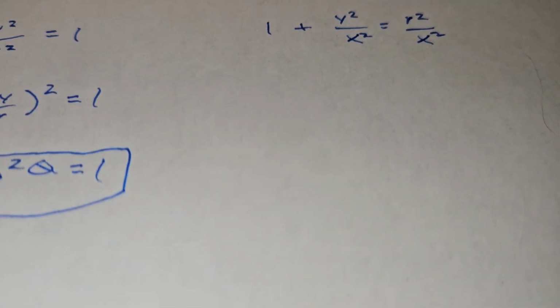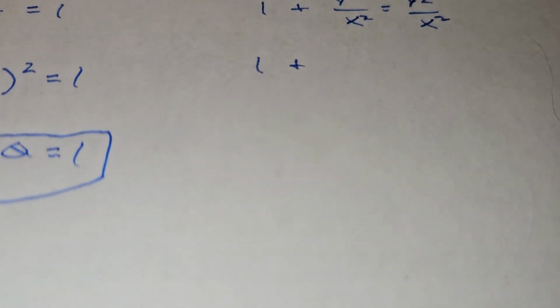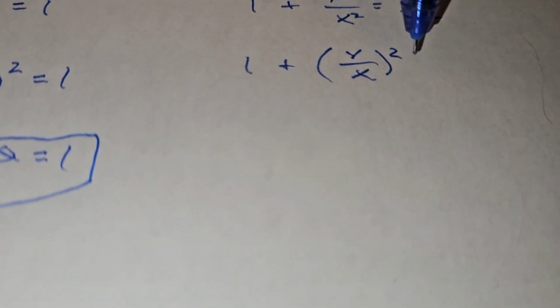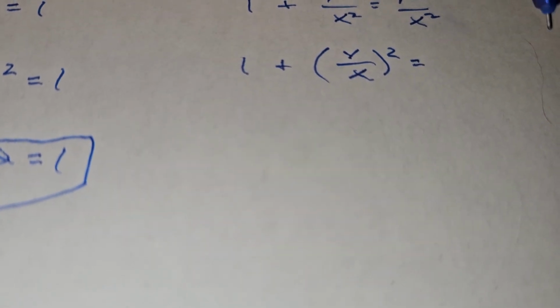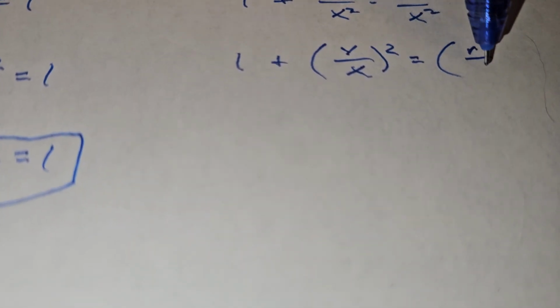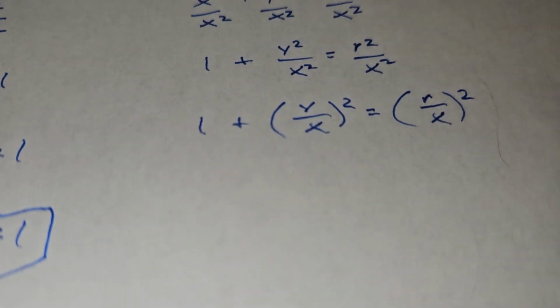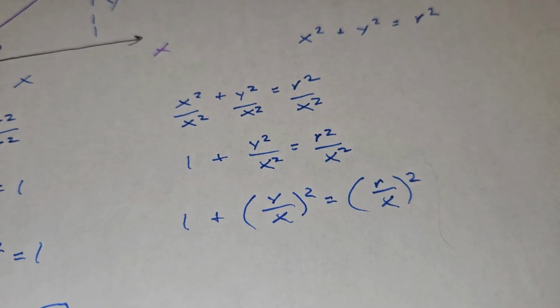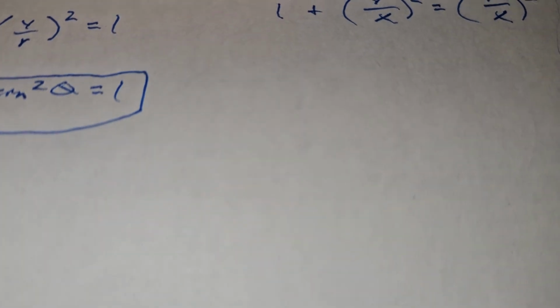So this is equal to 1 plus y over x squared is equal to r over x squared. I know I did not write it down here, but I'm going to assume you already know that. If not, that's okay. We can just learn it right now.